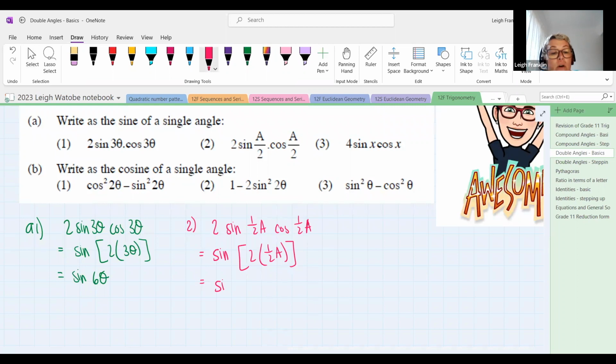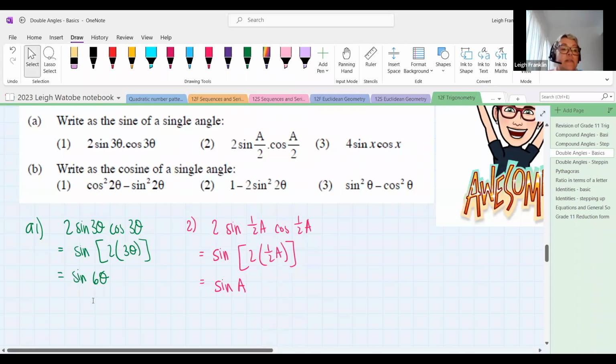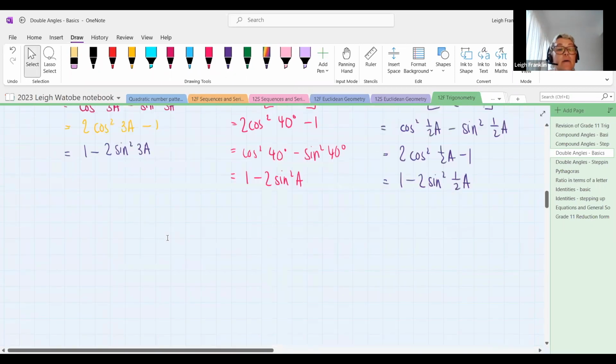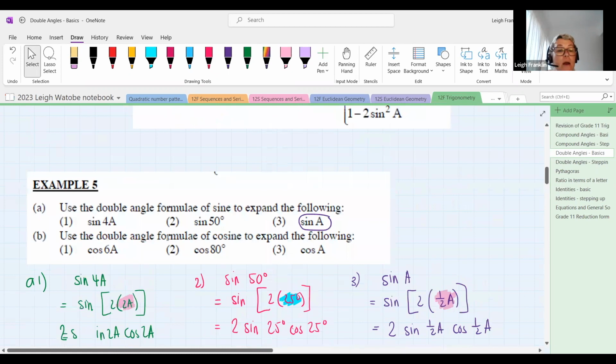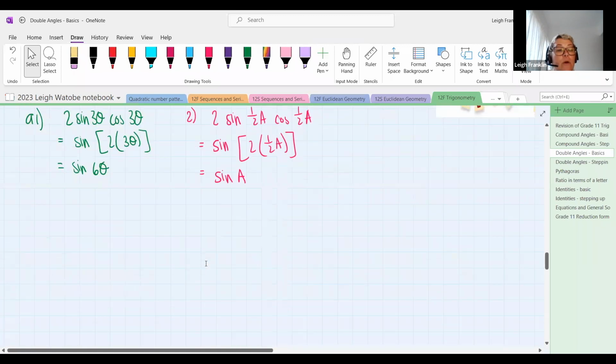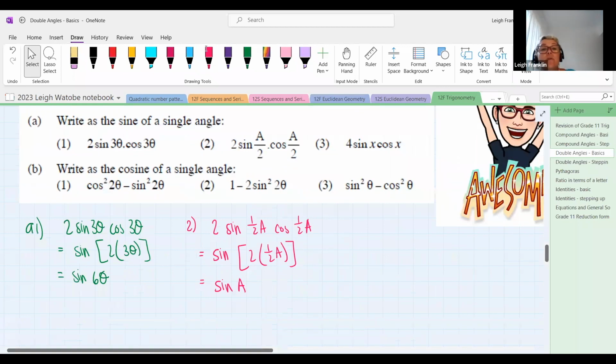So our final answer would be sine A. Can you see how we're doing the opposite of what we did before? So I used these same examples up here. We worked with cos 6a before. We worked with sine A before. We're just doing the opposite of all of these. Okay, I hope that is coming through loud and clear and it's making sense to all of you.